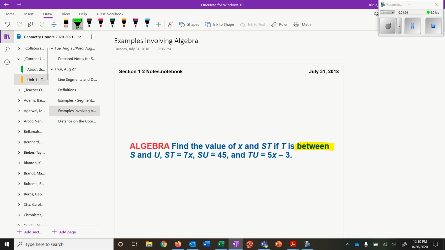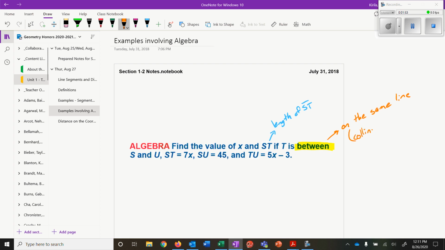So we're asked to find the value of x and the length of ST. So remember, this means length of ST, segment ST, if T is between S and U. So when we see between, this means on the same line, which, remember, last section we learned a word for.